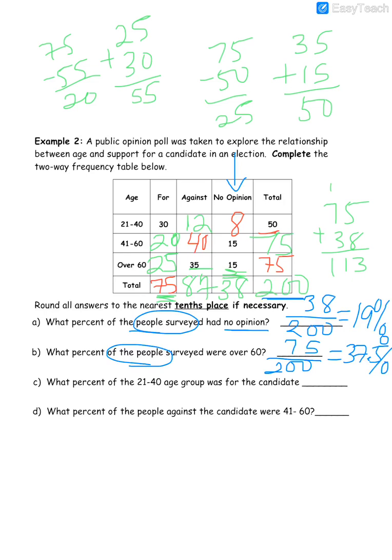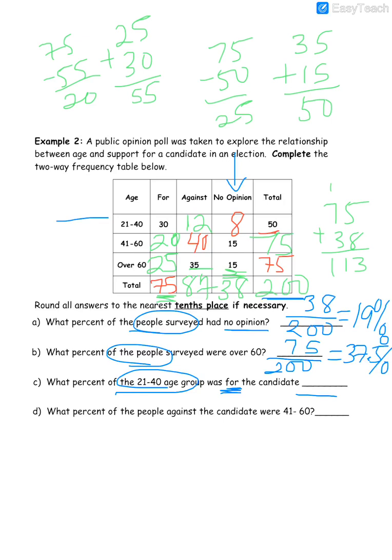Okay, so let's take a look at letter C. What percent of the 21 to 40 age group was for the candidate? So let's think about this. Our denominator is definitely not going to be 200 now because we're not talking about everybody. We're talking about only the 21 to 40 age group. So if I look at the 21 to 40 age group, I'm looking across this way now.